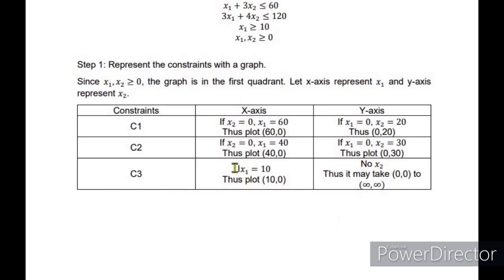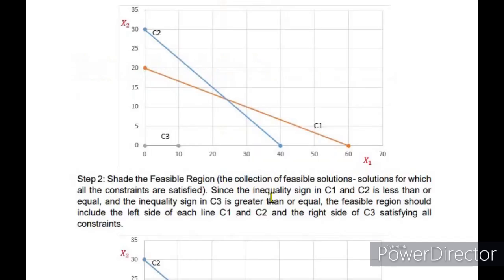So plot this 10, 0 along the x-axis for constraint 3. So the resulting graph looks like this. So this is constraint 1, this is constraint 2, and this is constraint 3.